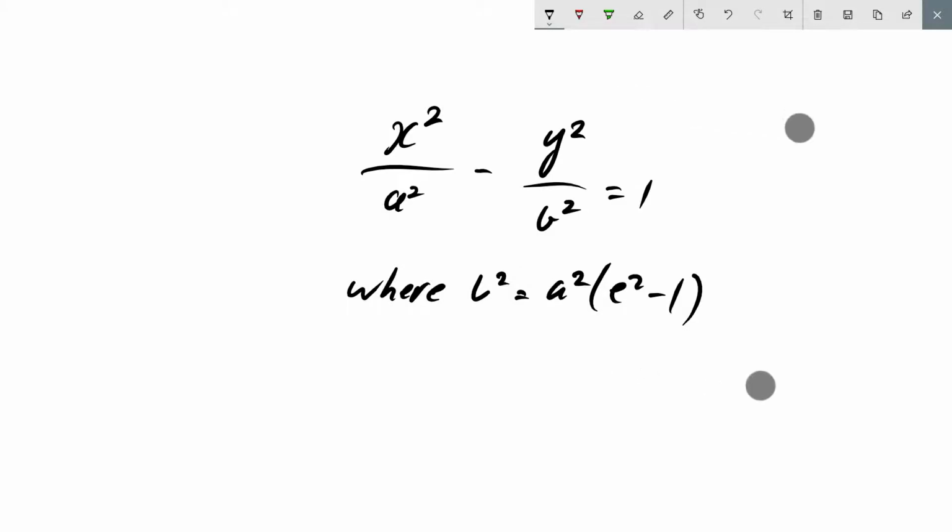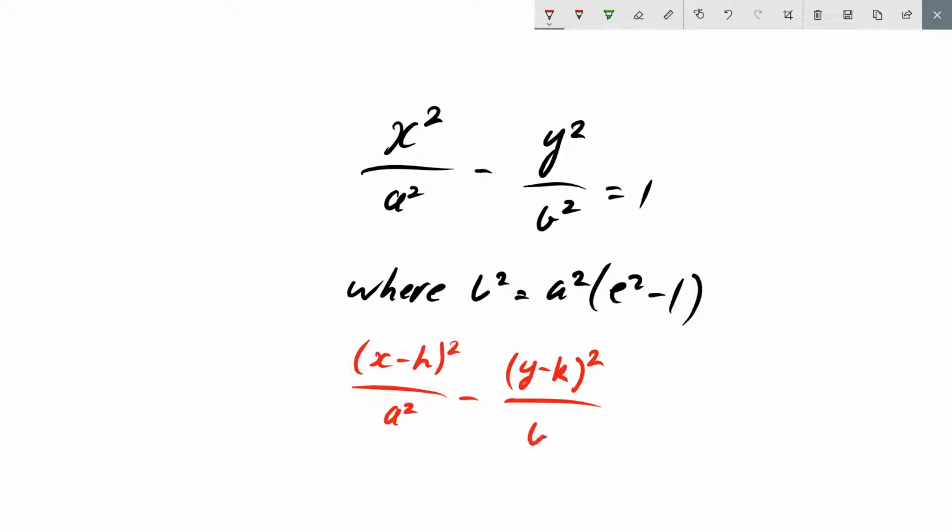So if this is the general form, we're going to have to somehow alter it to get something that we can actually move. So the new form is x minus h squared over a squared minus y minus k squared over b squared.